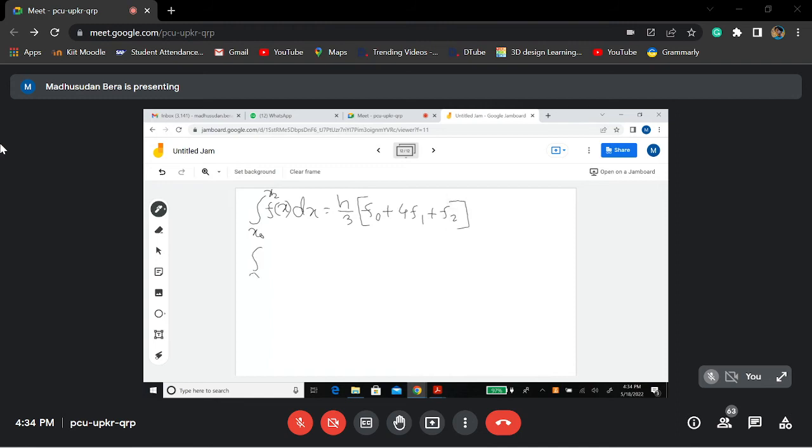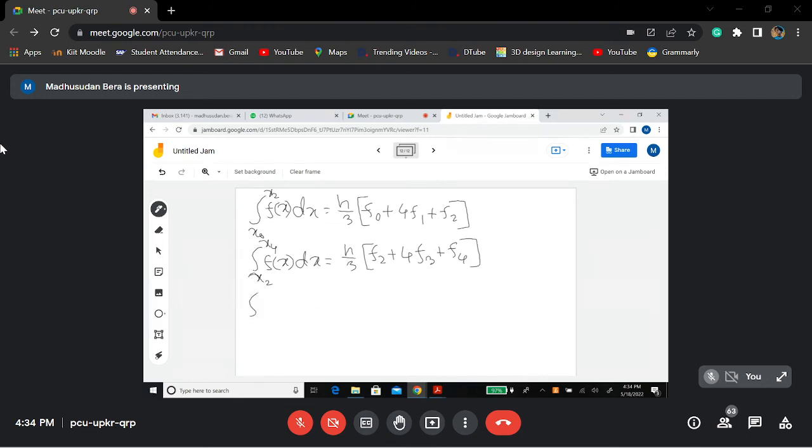Then the integral from x2 to x4 of f(x) dx, what will be the formula? h by 3 times f2 plus 4 times f3 plus f4.